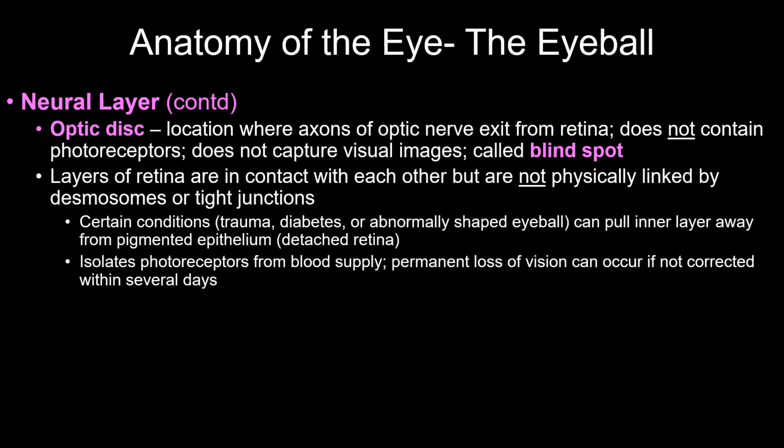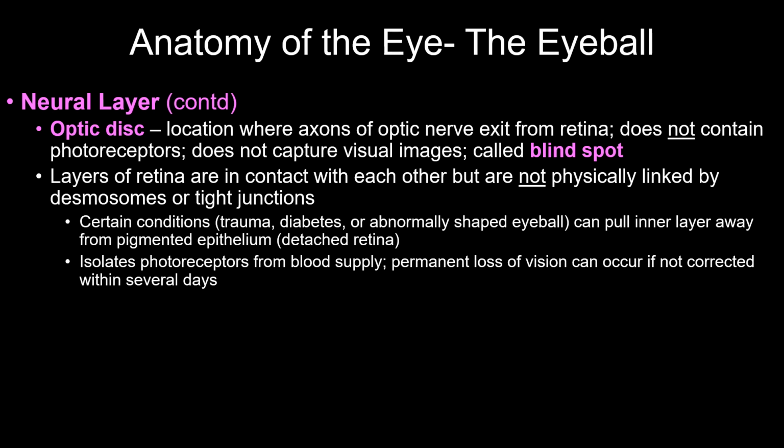Now, the two layers of the retina are usually in contact with each other, but they are not physically linked by any desmosomes or any tight junctions. So for this reason, certain conditions, especially trauma, diabetes, or if a person just has an abnormally shaped eyeball, can actually separate the inner layer away from the pigmented epithelium.